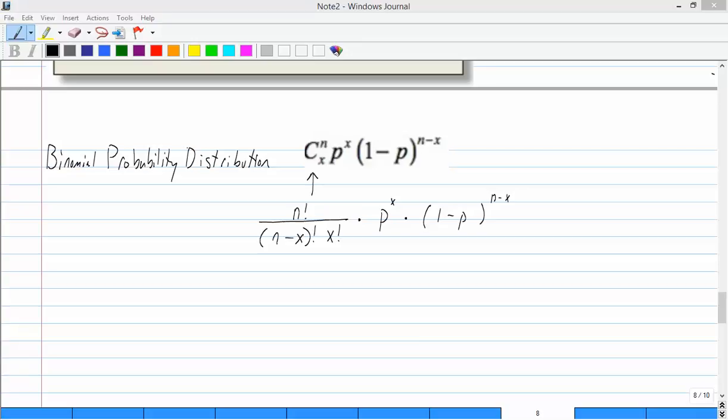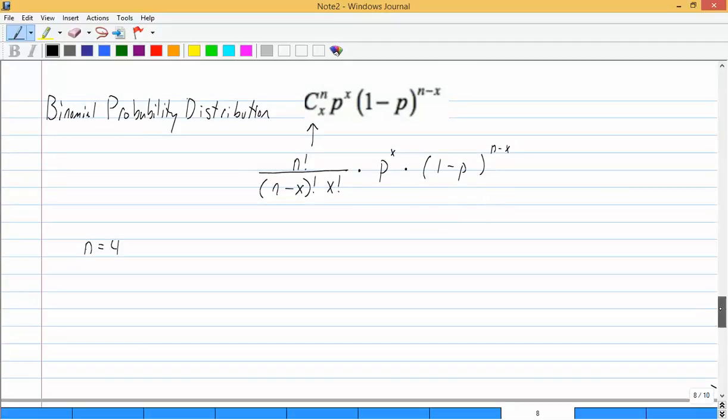Okay, so there are 6 outcomes, right? It says roll the die 4 times, so N equals 4. What's the probability of getting a 6? That's going to be 1/6.